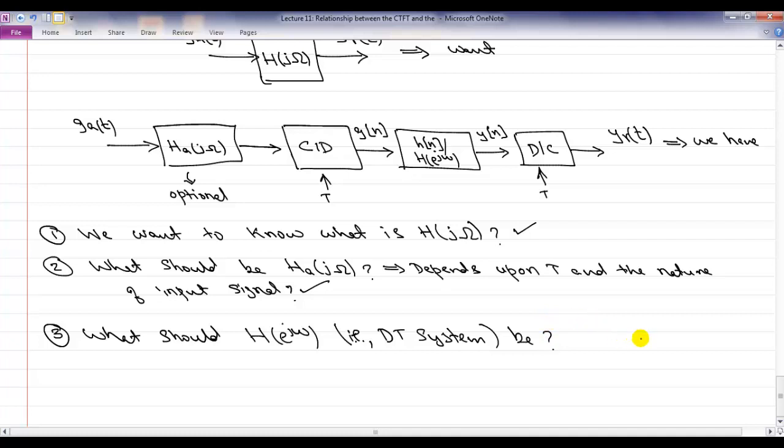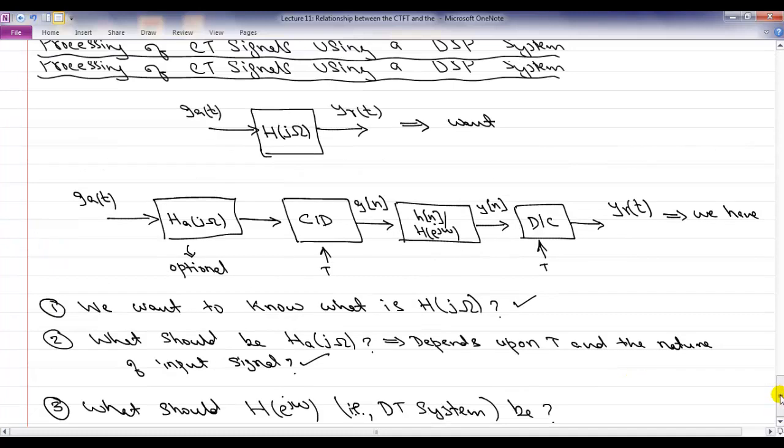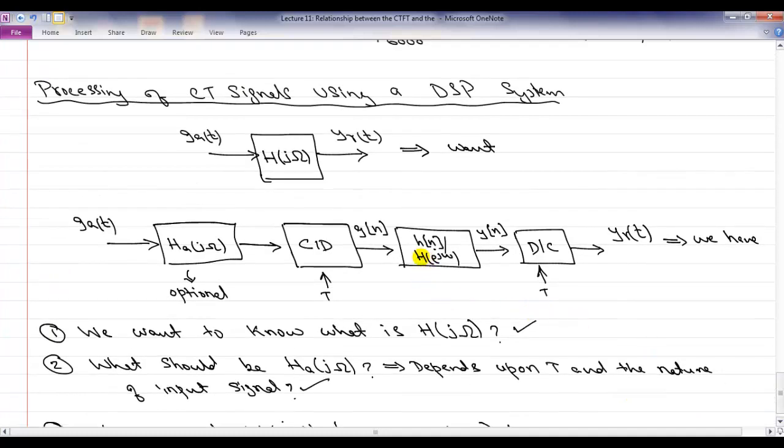What should you insert between the discrete time samples and your output system so that this whole system that you have built mimics what you want? That's the idea behind processing using DSP systems.